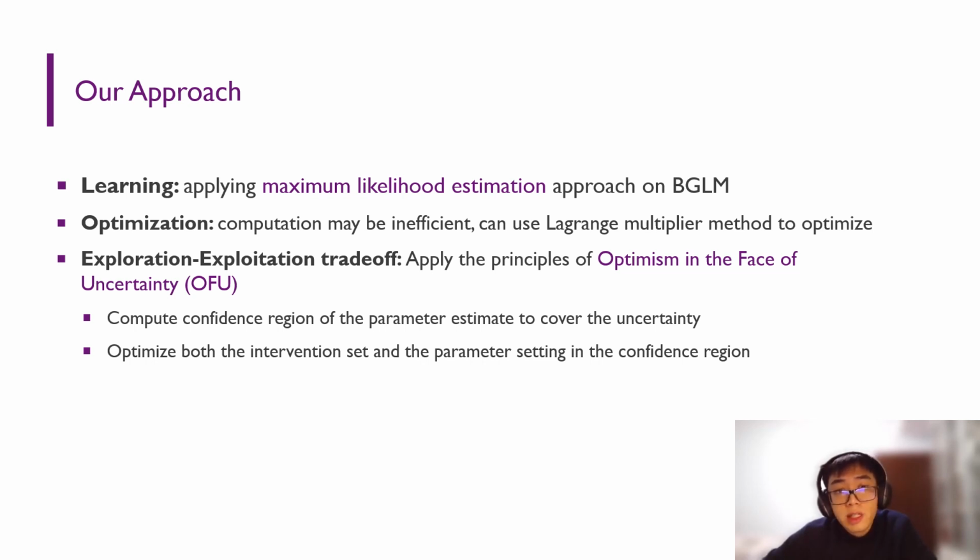For the exploration-exploitation trade-off, we apply the OFU principle. It means that we compute a confidence region, maybe an ellipsoid or a circle, of the parameter estimate to cover the uncertainty. Then we optimize both the intervention set and the parameter setting in this confidence region.